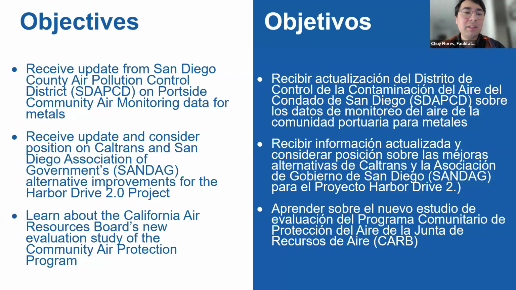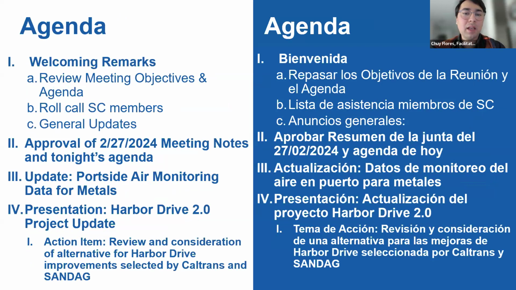Following that, we will be receiving an update from Caltrans on the Harbor 2.0 project, as well as considering a potential vote to consider a position around the alternative improvements selected by Caltrans and Sandag. Followed by that, we will be hearing from the California Air Resources Board's new evaluation study focused on the Community Air Protection Program.